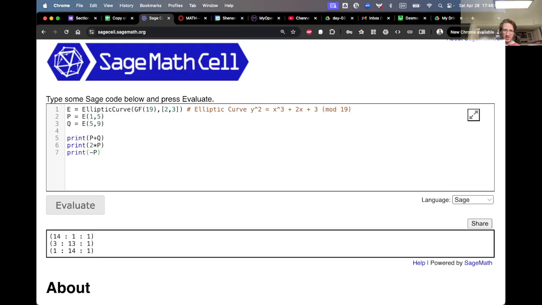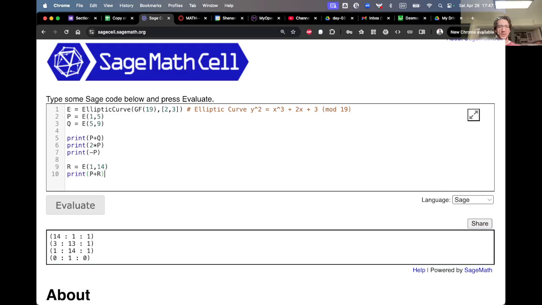But minus P is (1, 14). Very cool. And we can verify that minus P, let me call that point R, is (1, 14). And I can verify that P plus R is the identity here, right? Print P plus R. And we get the identity (0, 1, 0). Okay, so there you go.